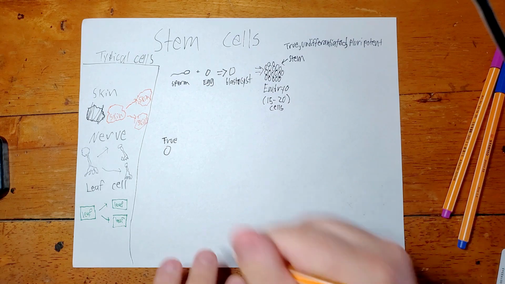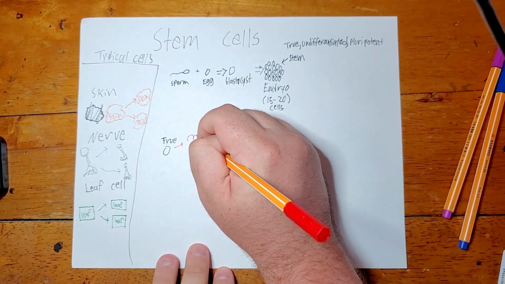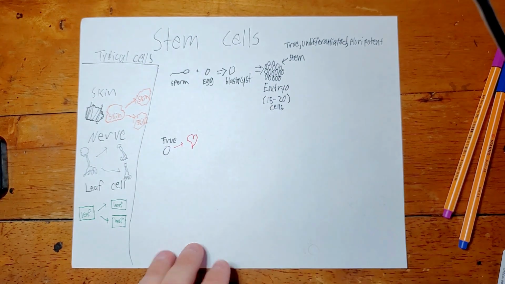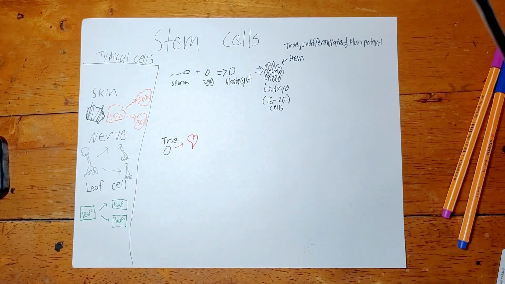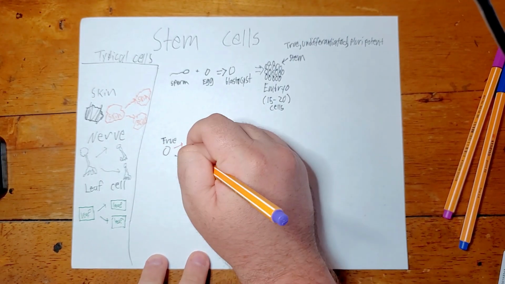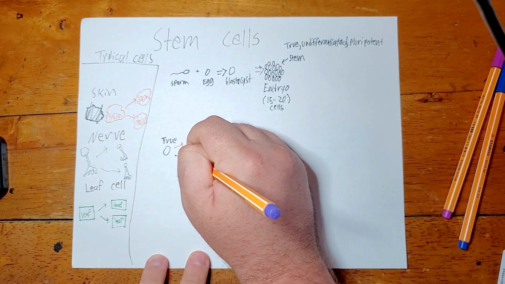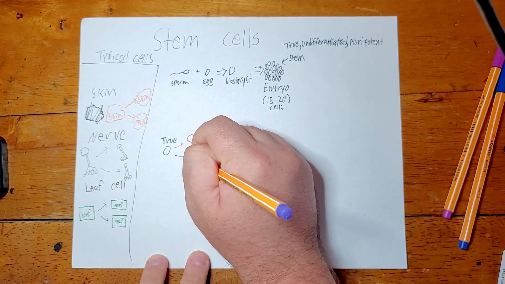So if you have a true stem cell, this true stem cell might become a heart. And I'm drawing a cartoon heart because I completely lack the ability to draw an actual heart. These stem cells might branch out and become some lungs. Let's see if I can draw lungs that look realistically accurate.